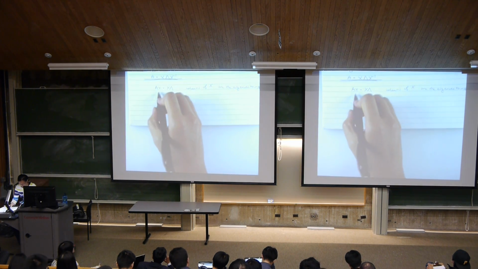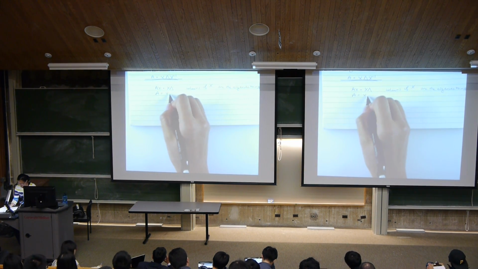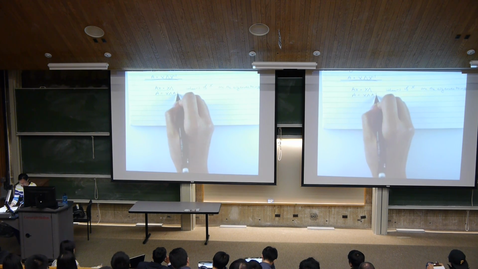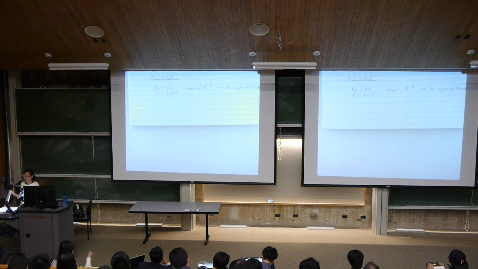So then we get A equals X Lambda X inverse. And this is what's called the eigenvalue decomposition of the matrix.